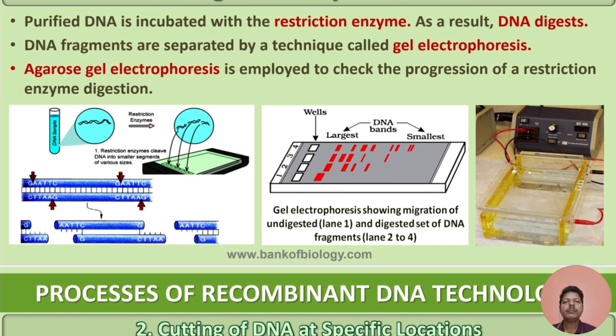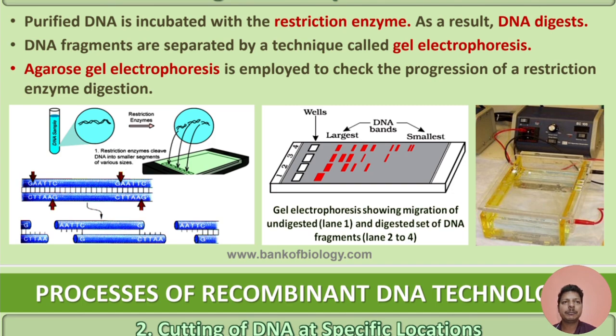Then gel electrophoresis showing the migration of undigested and digested sets of DNA fragments. Undigested is the largest one, lane one, and the smallest are digested, as you can see. Here in this diagram you can see lane 1, that is this lane, is undigested, and the other lanes 2, 3, 4 are digested.